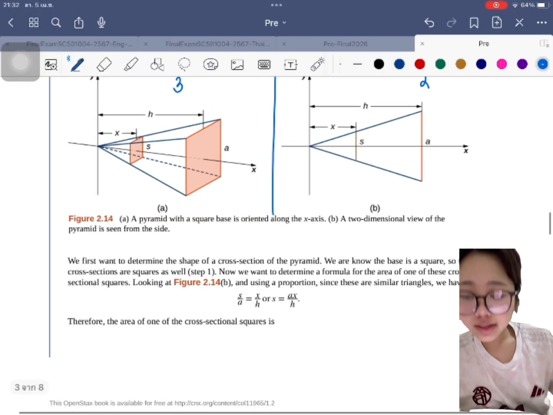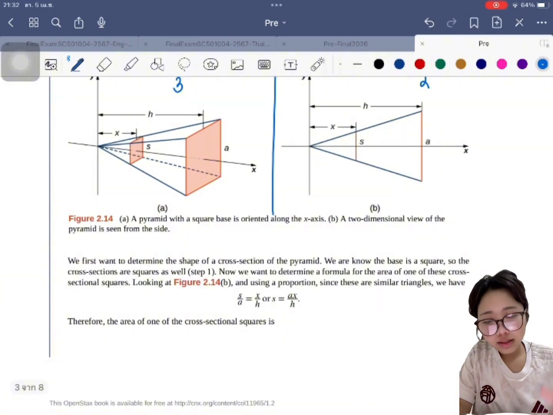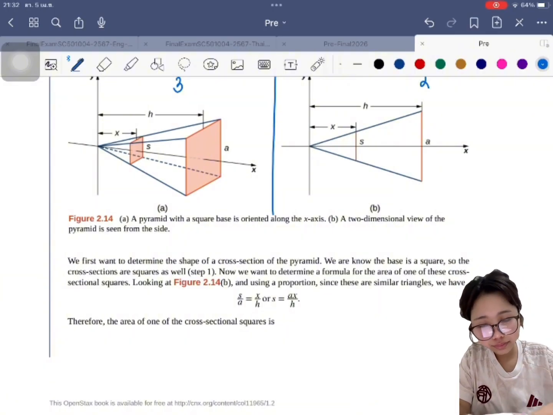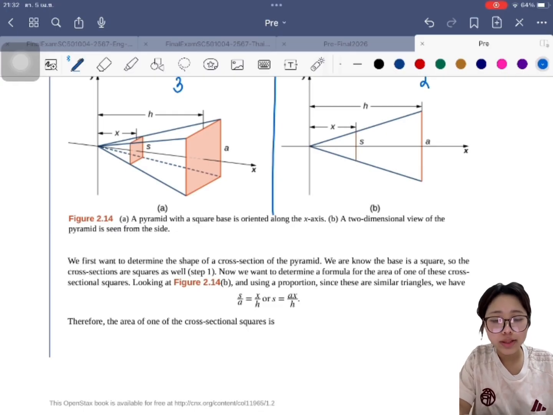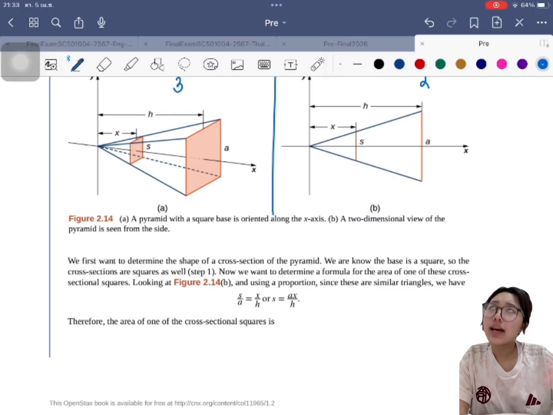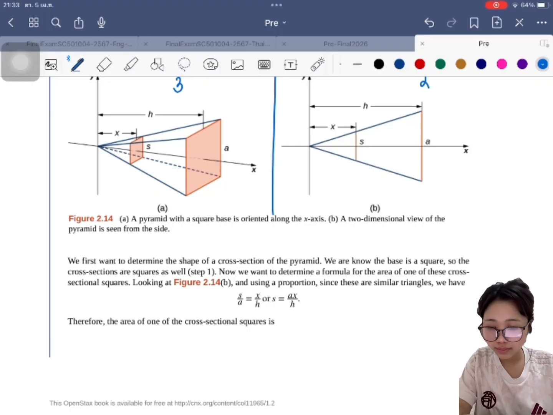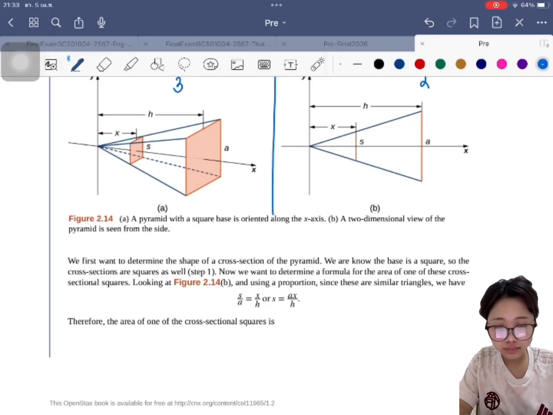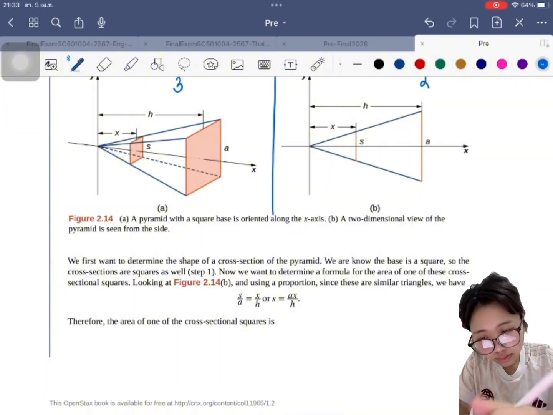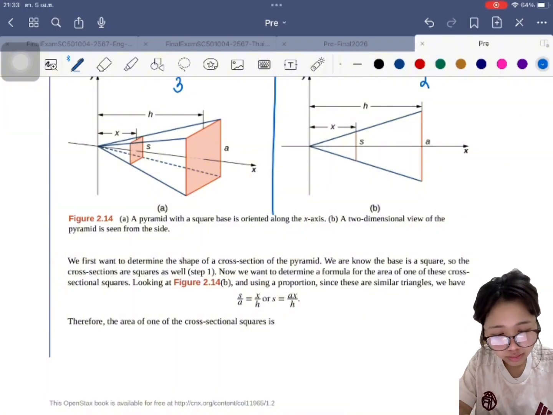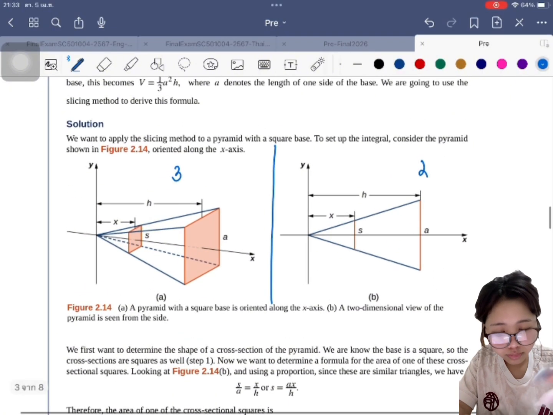And next is volume by cylindrical shells. It has two important equations.